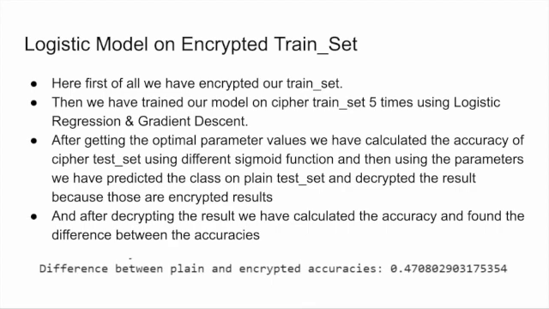After decrypting, we calculated the accuracy of both and found the difference between the accuracies, which is 0.47. Compared to the previous it is still higher because we trained our model on the encrypted set, but the difference is still not that high, it is only around 0.5, so these are very good results.